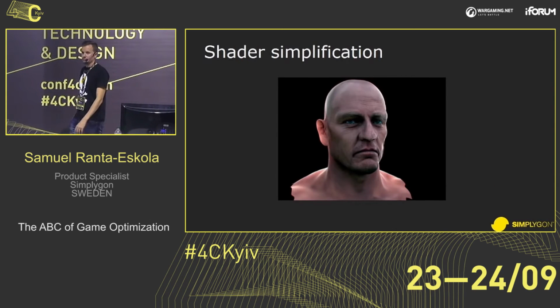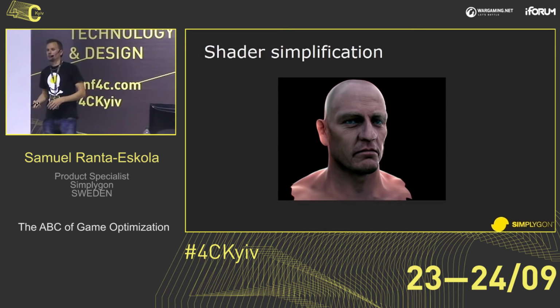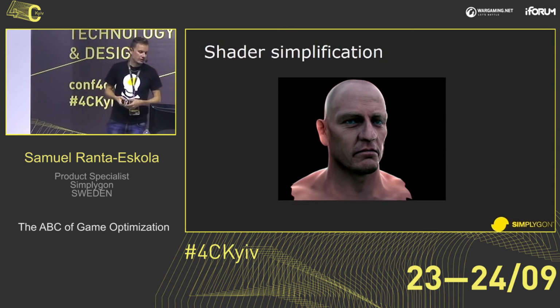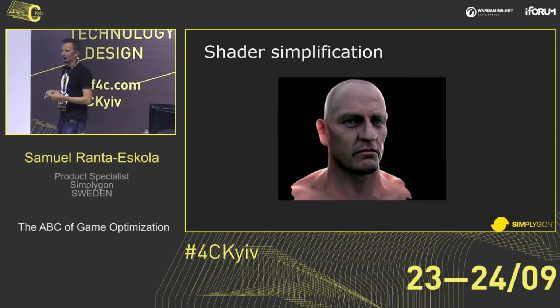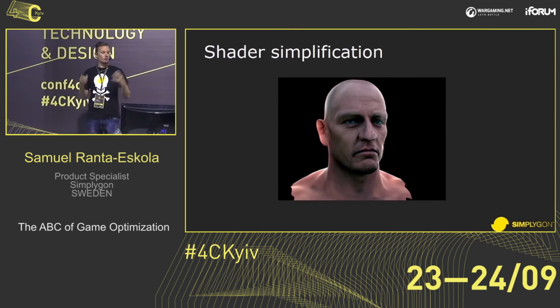Shader simplification. In this case, we've got the skin shader, typically one of the most expensive shaders in a game. Subsurface scattering and a lot of other effects make skin shading very expensive. Funny story there: in Assault on Dark Athena, we had quite significant problems with performance at one point. We were trying to figure out what it was, and then we realized that our character artist thought our new skin shader was so awesome that he put it on everything.